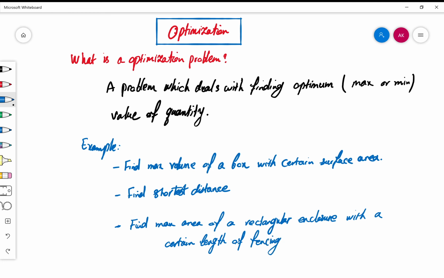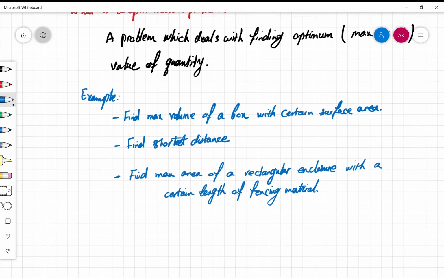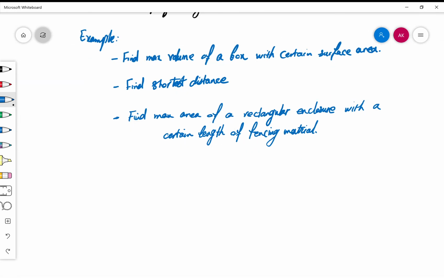So if you have a certain length of material for making fencing, what would be the best you can get out of it? It means what would be the maximum area you can enclose with this material. Okay, how to solve it?